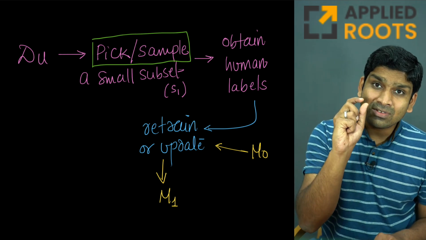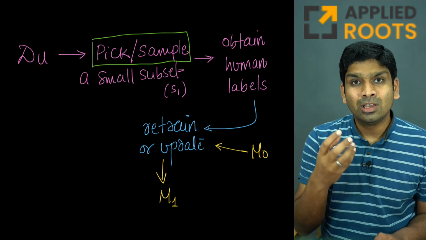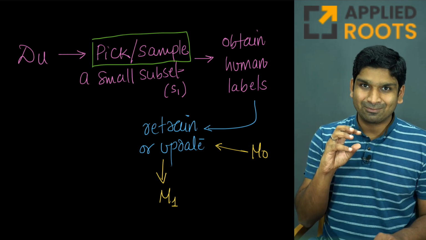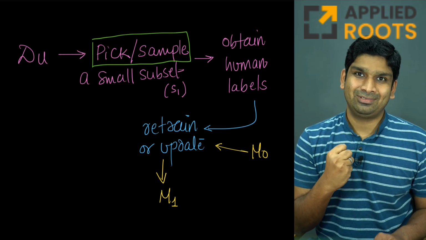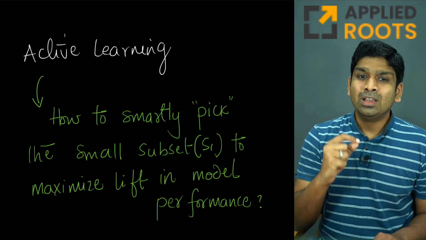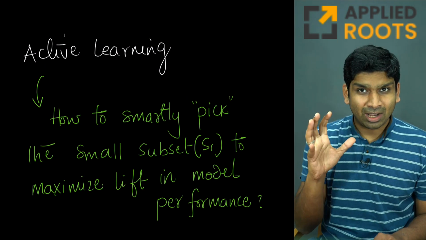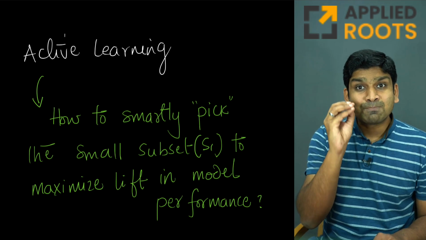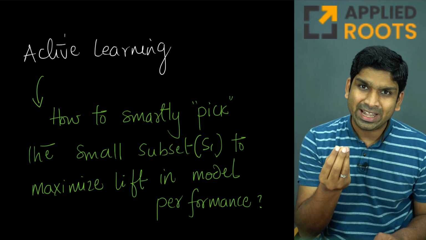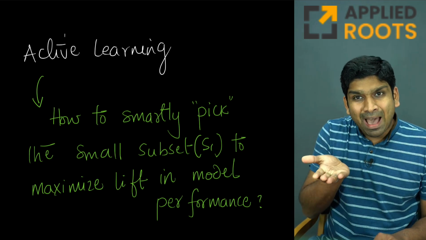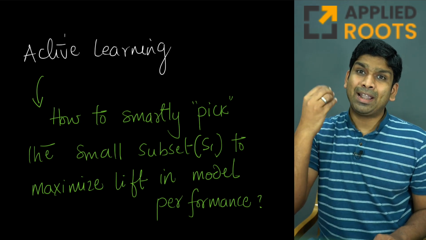Now, when I say we have to smartly pick or sample the data from DU, what do we want? We want the new model M1 to be significantly better than M0. That is our objective. That's the key idea of active learning. So the problem of active learning is this: if you have a large amount of unlabeled data, how do you smartly pick or sample a small subset, let's say S1, so as to maximize the lift in model performance of M1 as compared to M0?